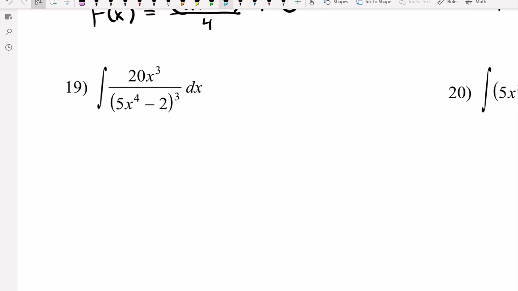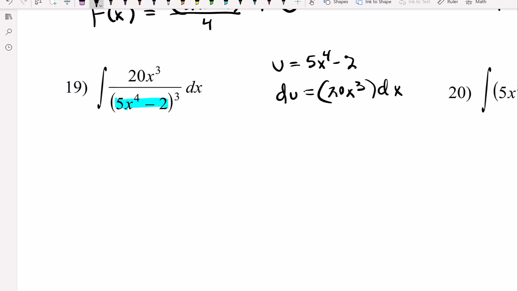Okay, so this is our u. And our derivative, whoops, is 20x cubed dx, which is this part right here. So now look at what we have.